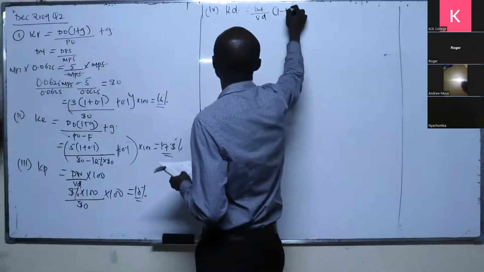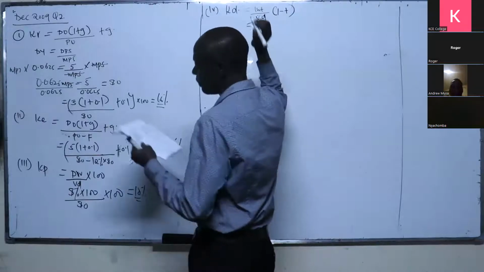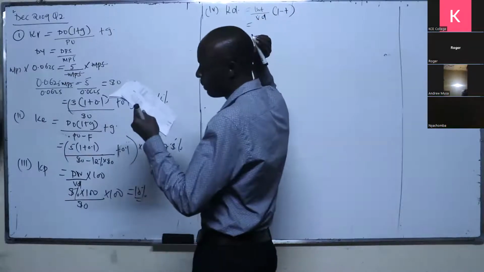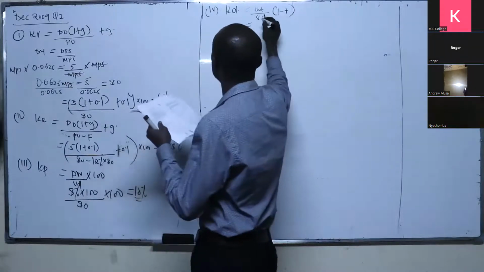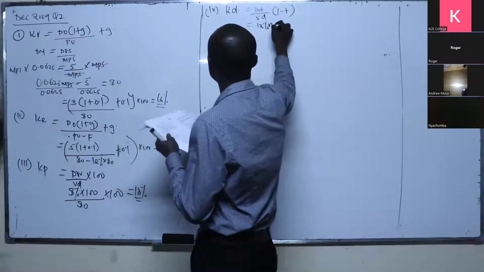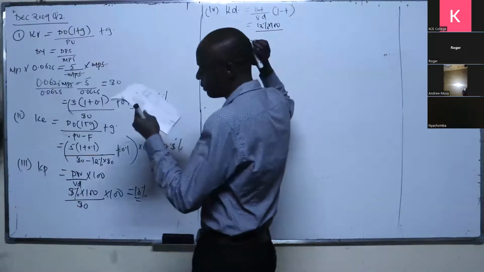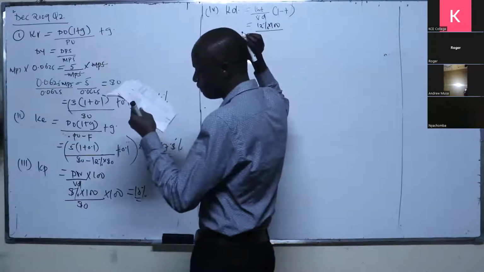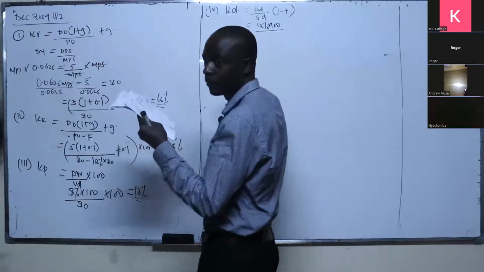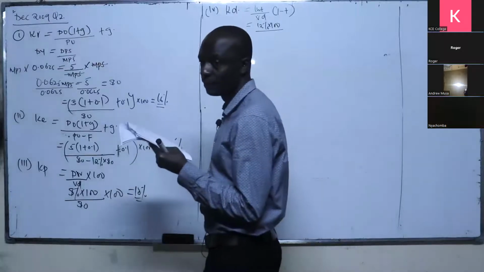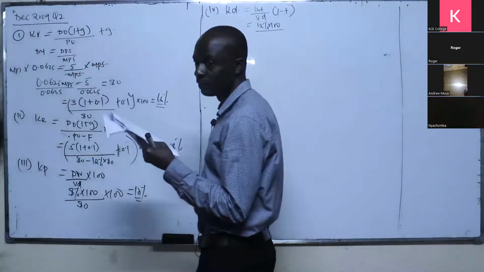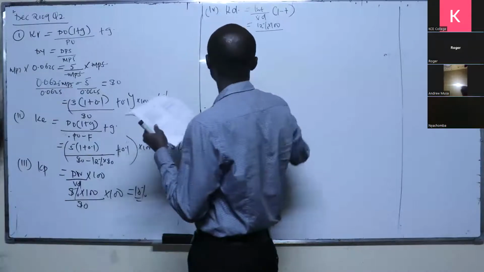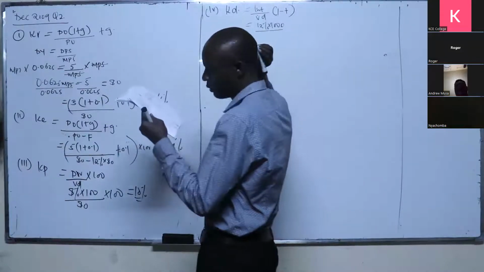Interest over VD times 1 minus T. So interest is based on the par value. The par value is how much? 12% of 1,000.